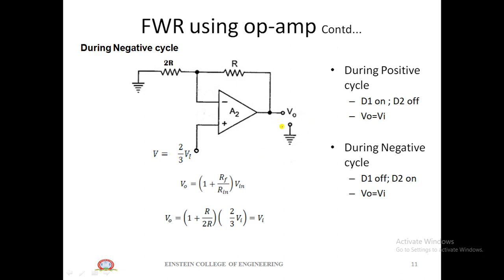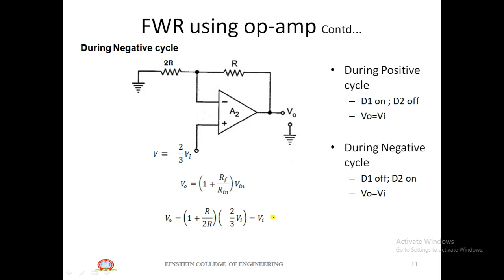From this equation, we write the output voltage of this amplifier V0 is equal to 1 plus Rf by Rin into Vin. Here Rf value is R and Rin value is 2R. Substitute these values. V0 is equal to 1 plus R by 2R, and the input voltage is 2 by 3 Vi. By simplifying this, we get V0 is equal to Vi.